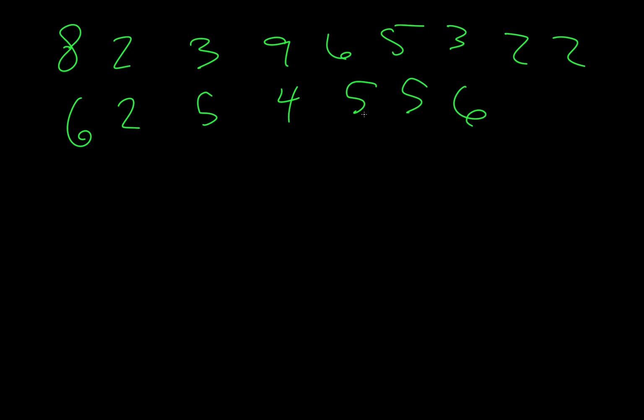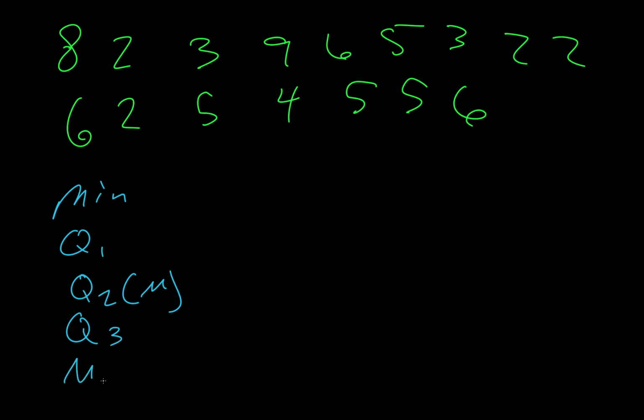That means those 5 values that we wanted, so we write those out: minimum, Q1, Q2, which is the median, Q3, and the maximum. The minimum, the lowest number that we have, is 2. The highest number that we have is 9.